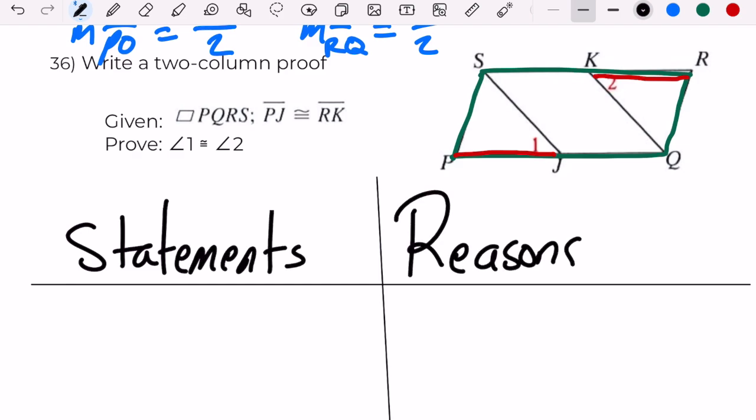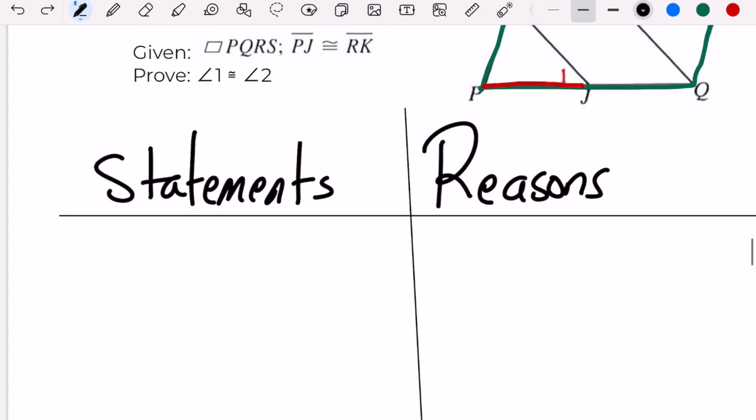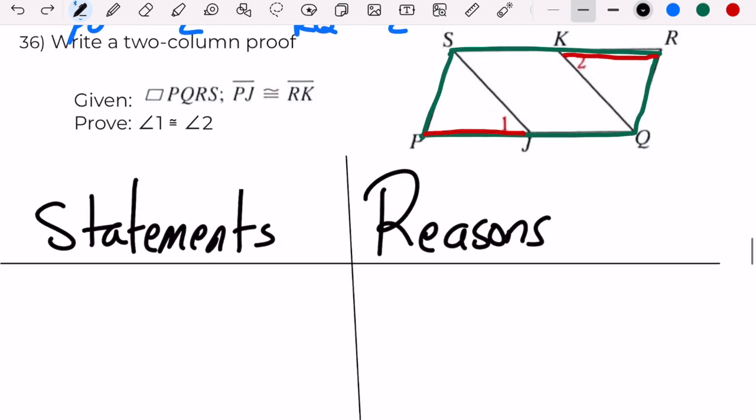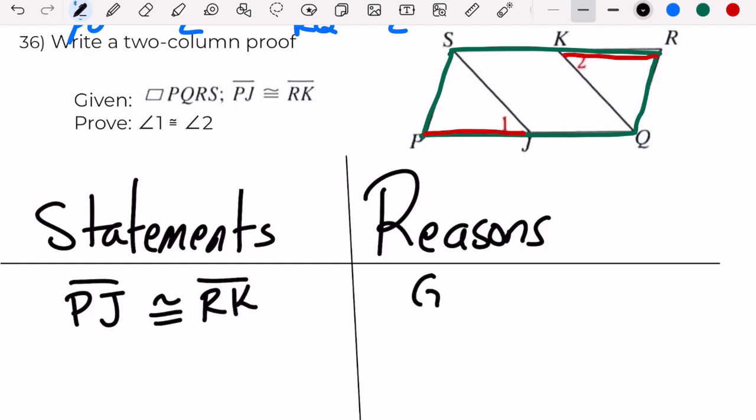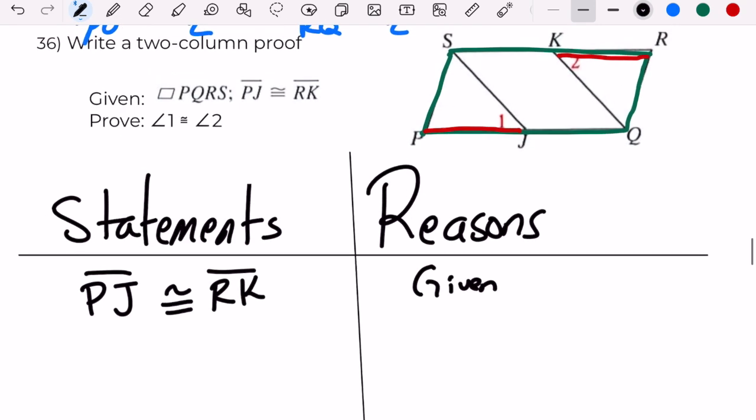So, statements and reasons. I think that I prefer how the pen looks now. It's beautiful. Okay, so I'm not going to write the givens. I'm just going to put that PJ and RK are congruent, given. No, the parallelogram thing, I'm not going to write it.